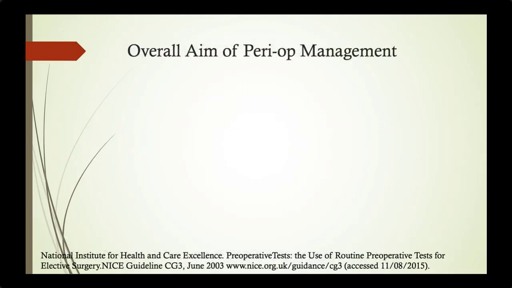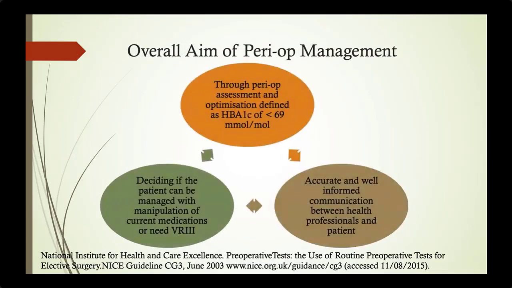The overall aims of perioperative management, generally speaking, are threefold, and these are linked to each other. Aim one is obviously thorough perioperative assessment and optimization, and optimization is nowadays defined as hemoglobin A1C of less than 69 millimole per mole. I'm sorry for giving these units, because that's what we're using here, I'm afraid.